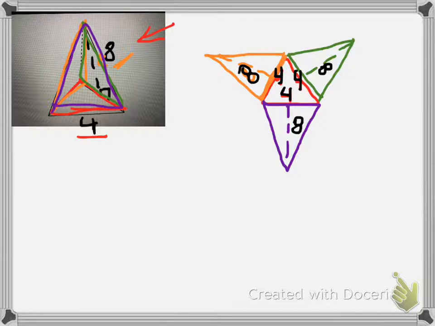So let's find the area of our red triangle, the base one, the first one we drew. We know that the area of a triangle is base times height divided by 2, and I just realized that we don't know the height of this triangle, so I'm going to have to go back in here and give us a height because I forgot to do that.